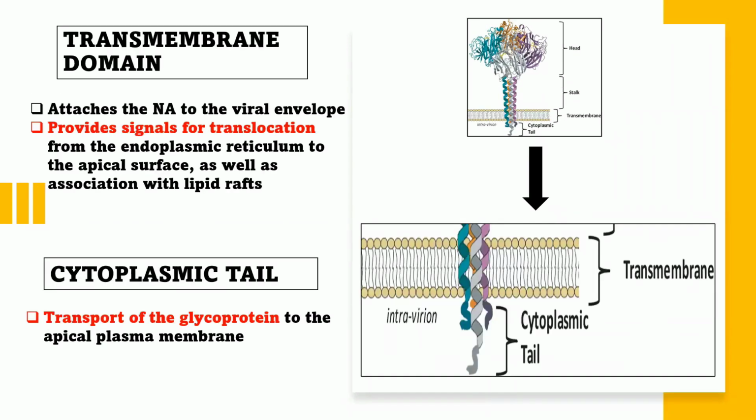Next is the transmembrane domain, where the N-terminal hydrophobic transmembrane domain attaches the NA to the viral envelope. This attachment provides the signal for translocation from the endoplasmic reticulum to the apical surface, as well as association with the lipid raft. Both the cytoplasmic tail domain and the transmembrane domain contribute to the transport of the glycoprotein to the apical plasma membrane.